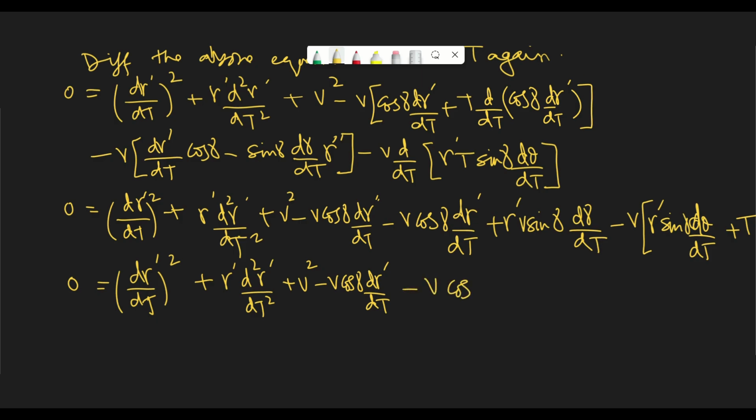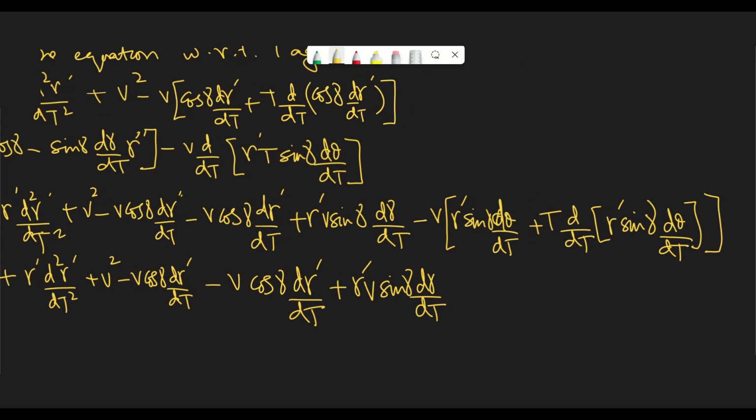So we'll start from here. V cos gamma dR prime over dt plus R prime V sin gamma d gamma over dt minus R prime V sin gamma d theta over dt.